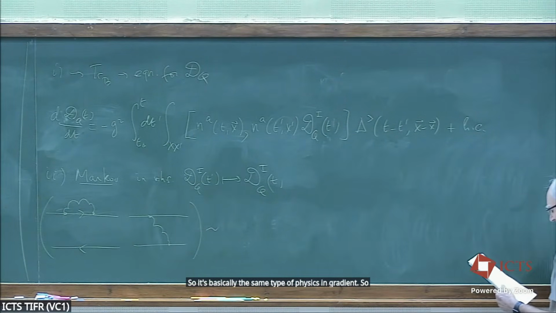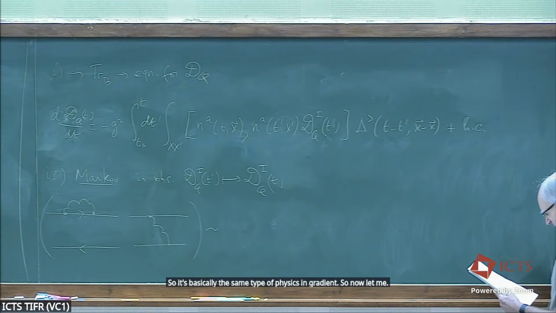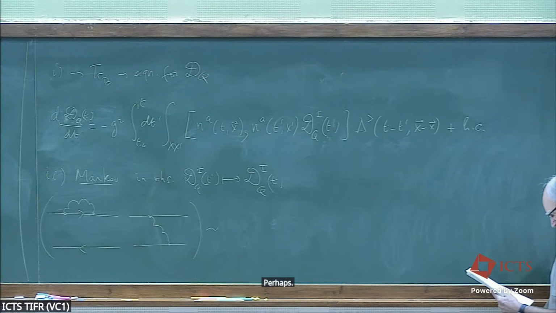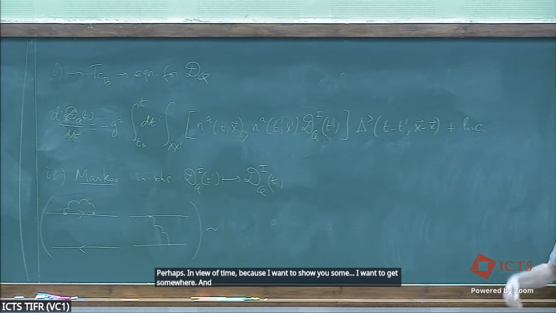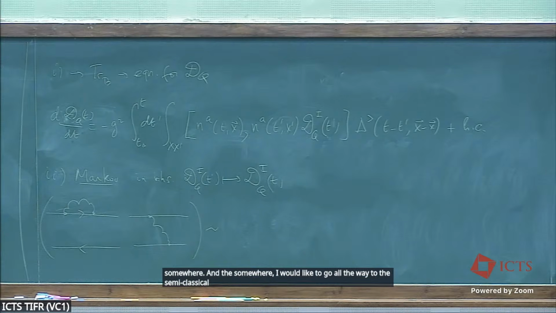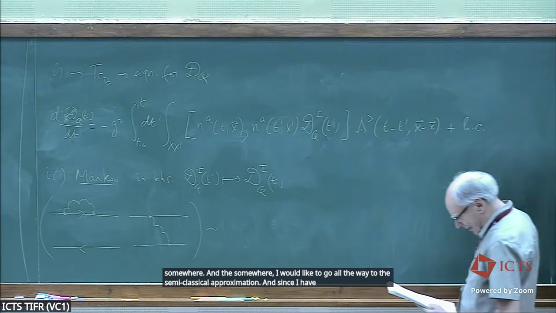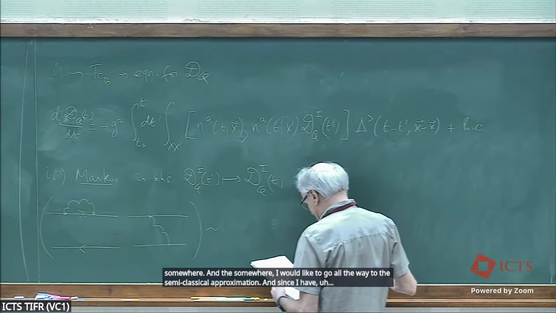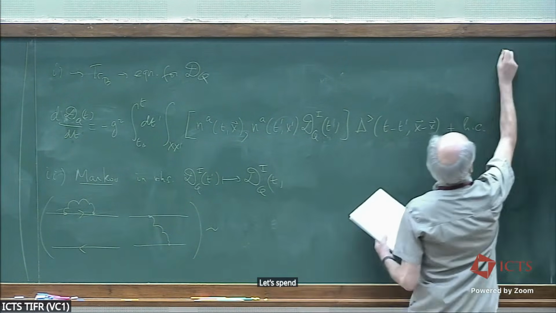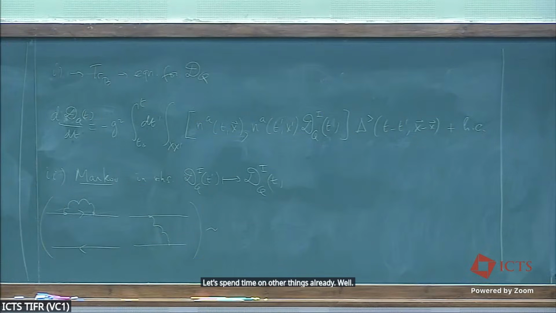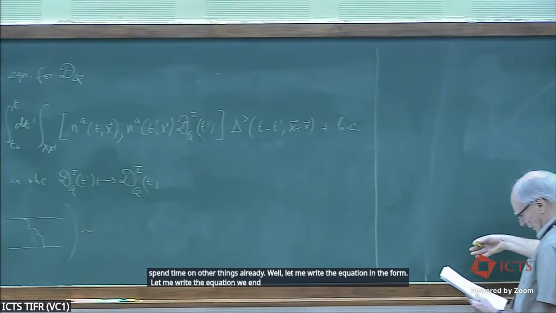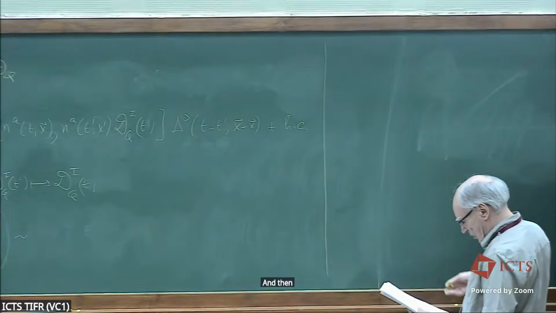So now, perhaps in view of time, because I want to get somewhere, I would like to go all the way to the semi-classical approximation. Since I have spent time on other things already, let me write the equation we end up with, and then I will say a few words of explanation.